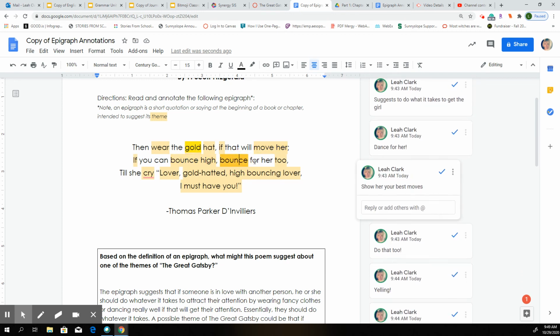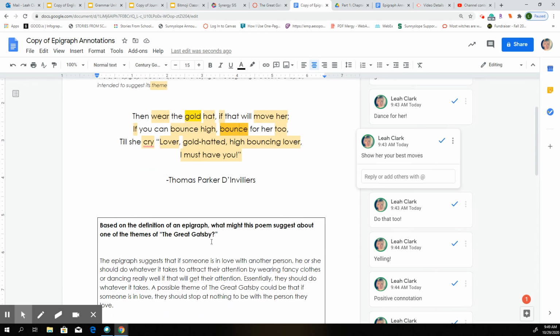What is the author suggesting based on these word choices, based on the images that it might conjure, and then using that information to thoughtfully answer the short response questions. Okay, so as you're completing literary analysis chapters 1, 2, and 3, feel free to refer back to this video in order to see what type of annotating we are looking for.